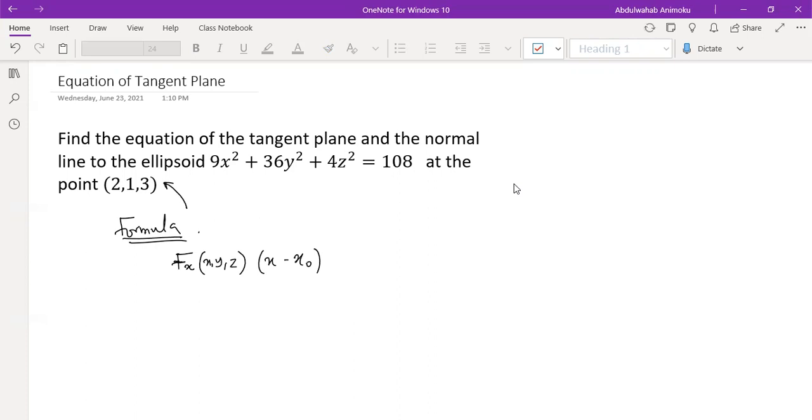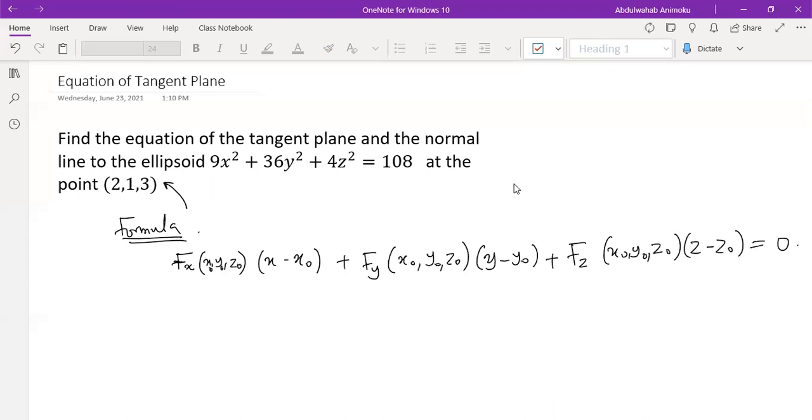So basically at that particular point P, then plus, you do the same thing for the partial derivative with respect to y, and then multiply by y minus y naught, plus fz at x0, y0, z0, multiply by z minus z0, equal to 0. So this is how to find the equation of the tangent plane. So you need to remember this formula.